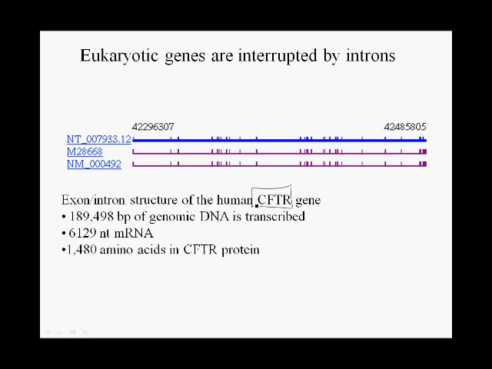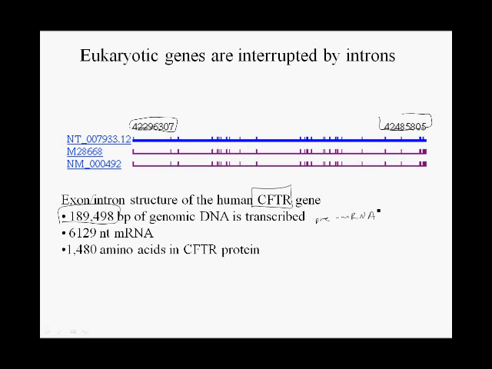This is on chromosome 7, so this is a stretch of chromosome 7. These numbers represent the first nucleotide and the last nucleotide that is transcribed to make the CFTR protein on human chromosome 7. If you subtract one number from the other, you get this number, 189,498 base pairs, which is the length of the pre-mRNA before it undergoes splicing.